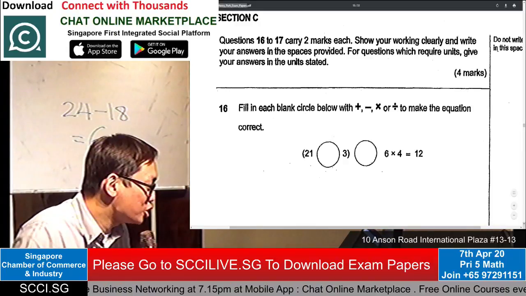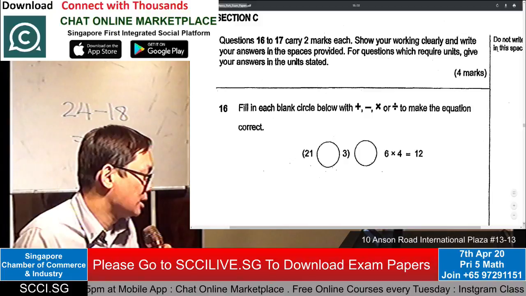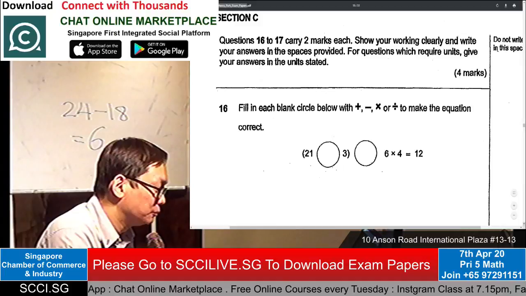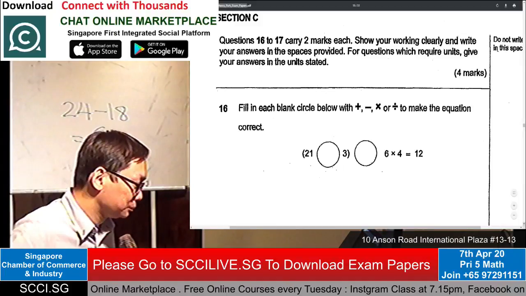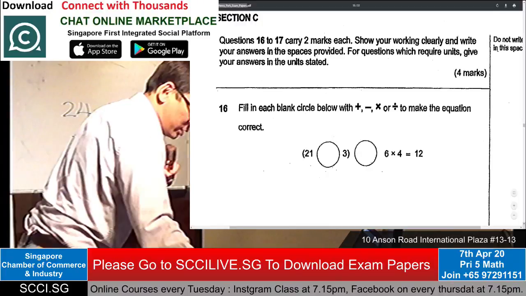Fill in each blank circle below with plus or minus, times or divide to make the equation. Okay, this is interesting.